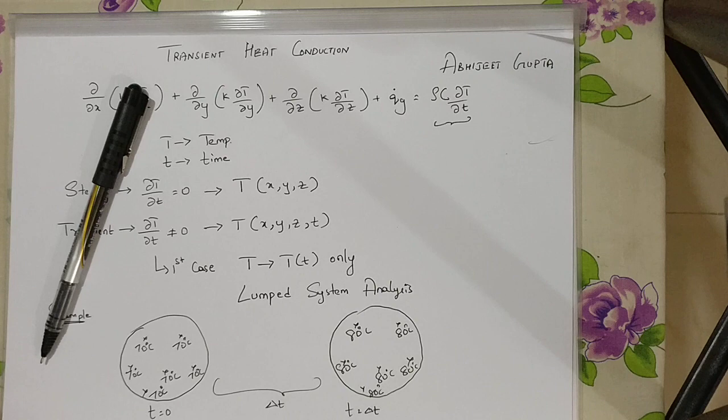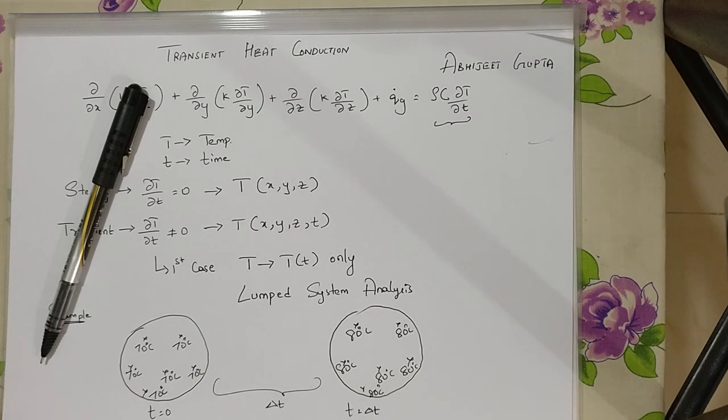So a body is considered to be lump whose interior temperatures remain uniform during all times. So the body temperature remains constant irrespective of x, y and z.